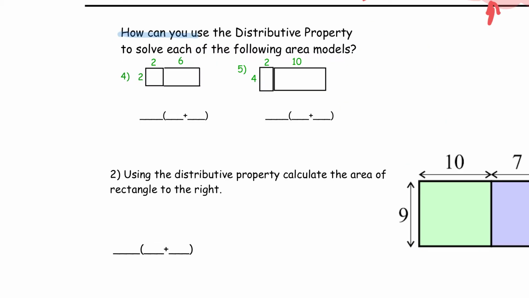How can you use the distributive property to solve each of the following area models? Well, once you start doing these, it starts to become obvious how the setup of the problem goes. The easiest way that I like to look at it is when you have two shapes. For example, in this case here, you have two shapes together.